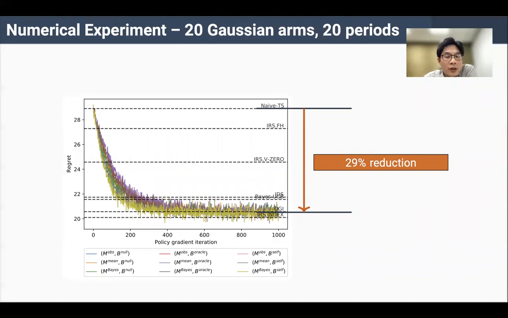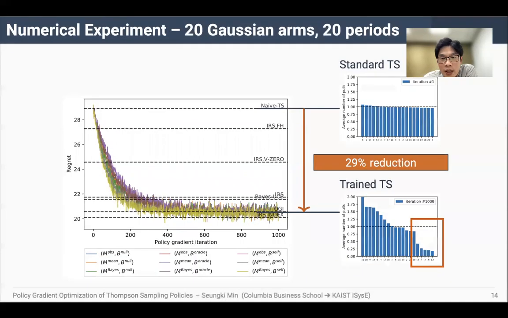If we have a closer look at how it achieves this, we can see the trained Thompson sampling is breaking the symmetry among the arms and somehow intentionally killing some of the arms, as if it recognized it is a waste of time. So this algorithm learned how to exploit this particular setting, even though we didn't specify how to.